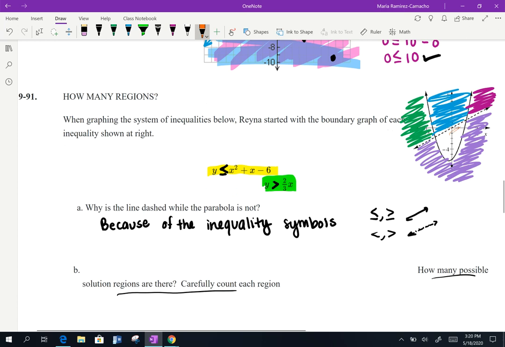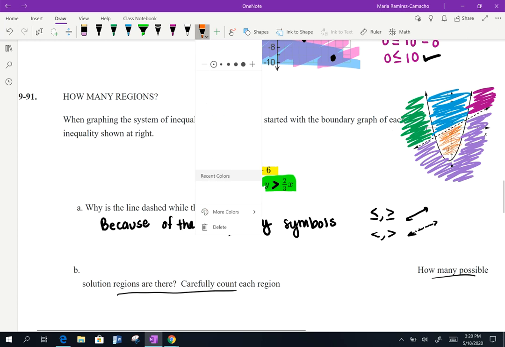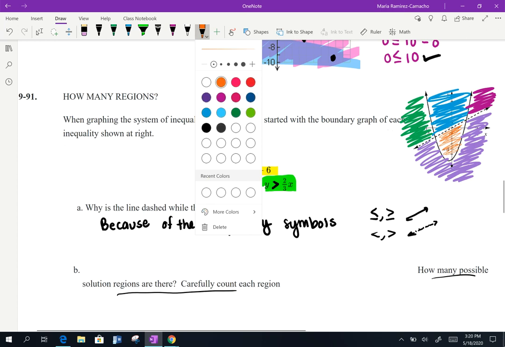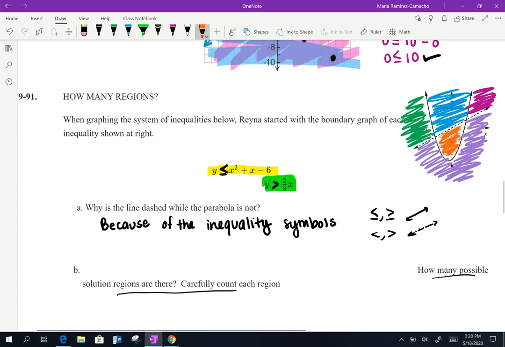This could also be a possible solution region. So in all, that's 5 possible solution regions. Those 5 different colors represent those.